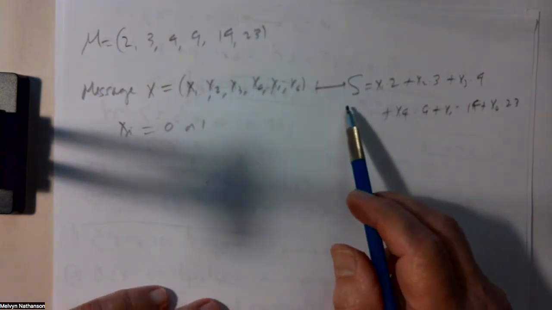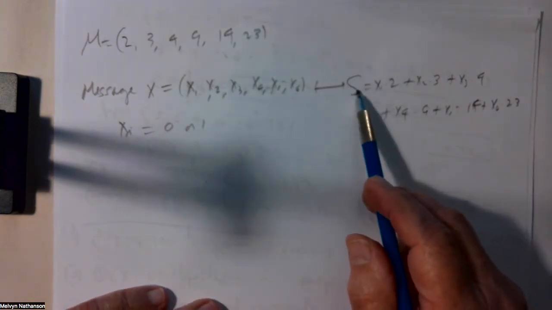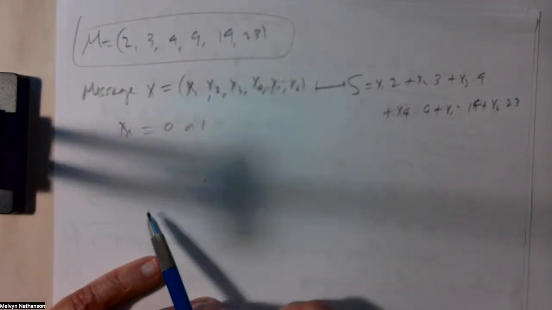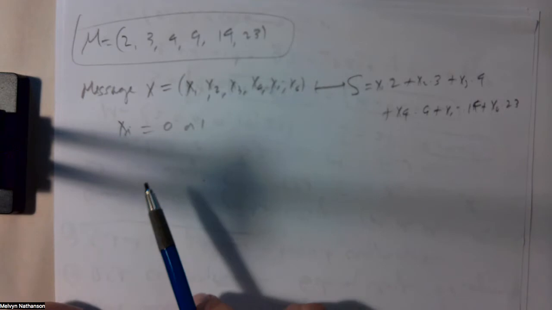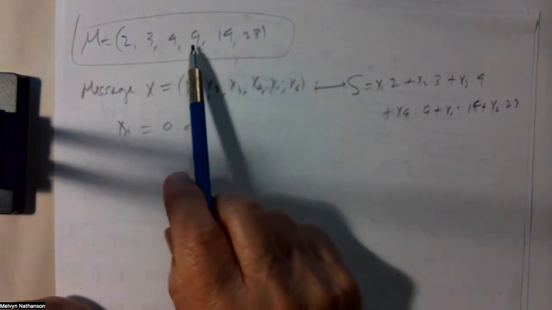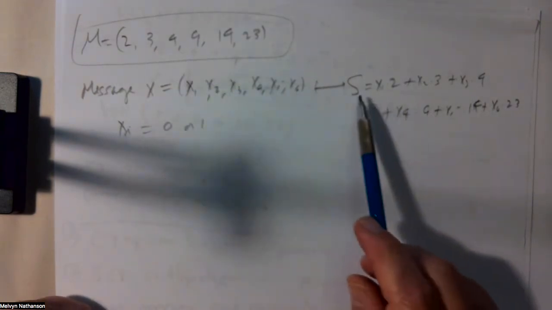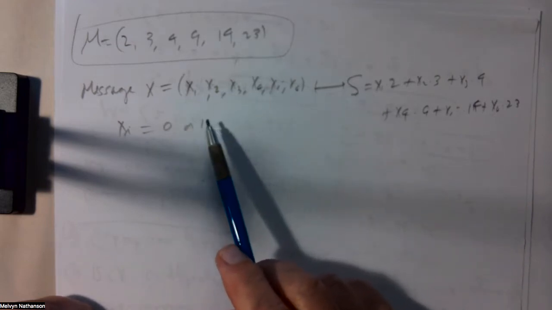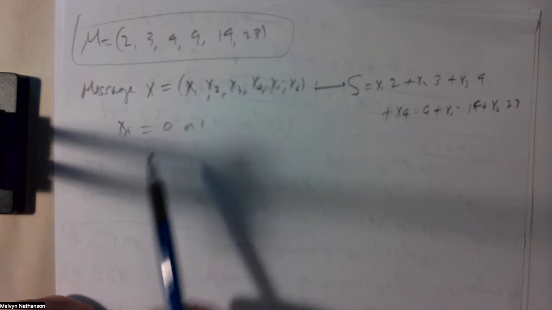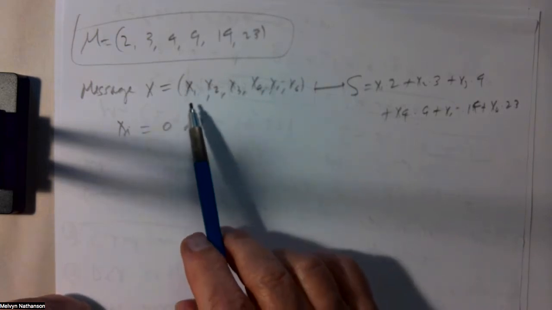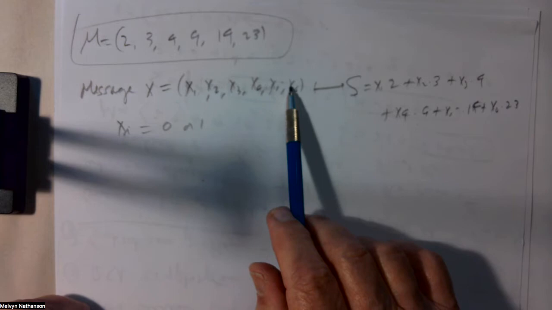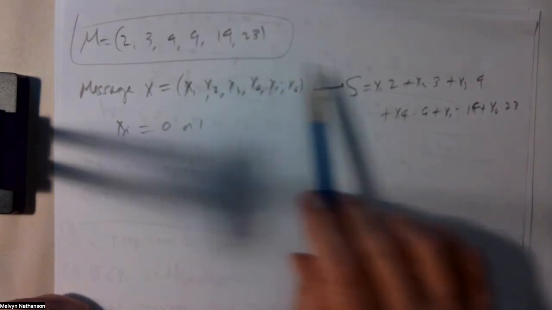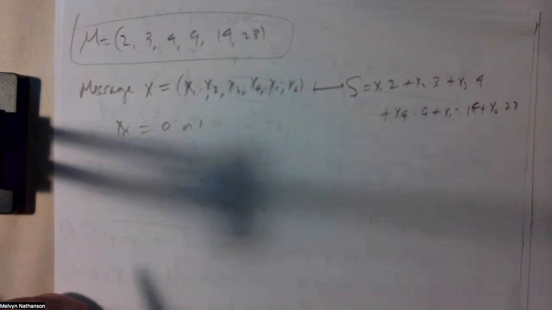And I can transmit the number S, and the person who receives it, who knows the sequence M, just has to figure out what sum of elements of M gives me the number S, and that determines this bit sequence. So in a certain sense, you can transmit a bit sequence by converting it into a subset sum of some set M and sending that number.